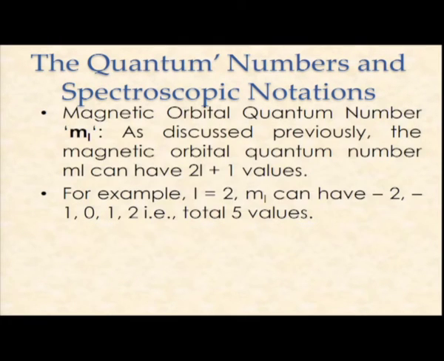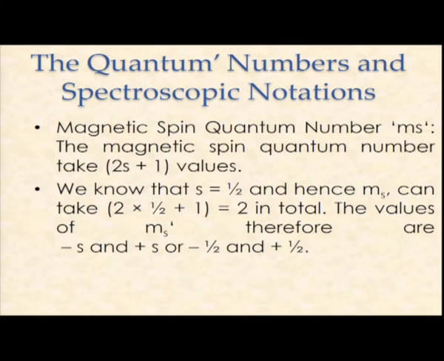The next quantum number is the magnetic orbital quantum number, m suffix l. As discussed previously, the magnetic orbital quantum number ml can have 2l plus 1 values. For example, for l equal to 2, ml can have values minus 2, minus 1, 0, 1, 2. So, in total 5 values are there for the magnetic orbital quantum number if the azimuthal quantum number is equal to 2.